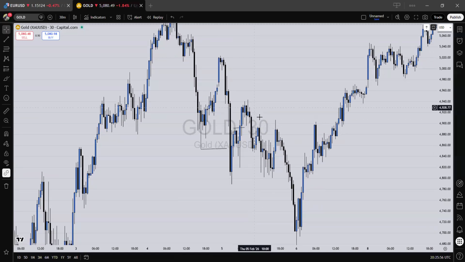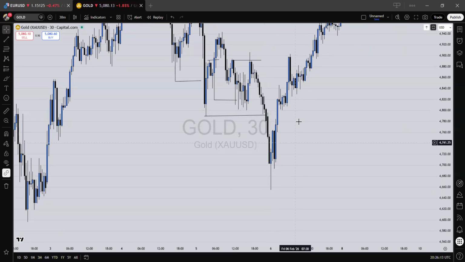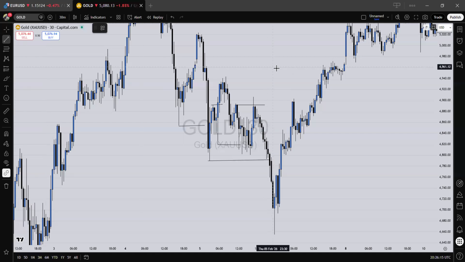Takes out liquidity, seek another liquidity. Takes out liquidity, seek another.